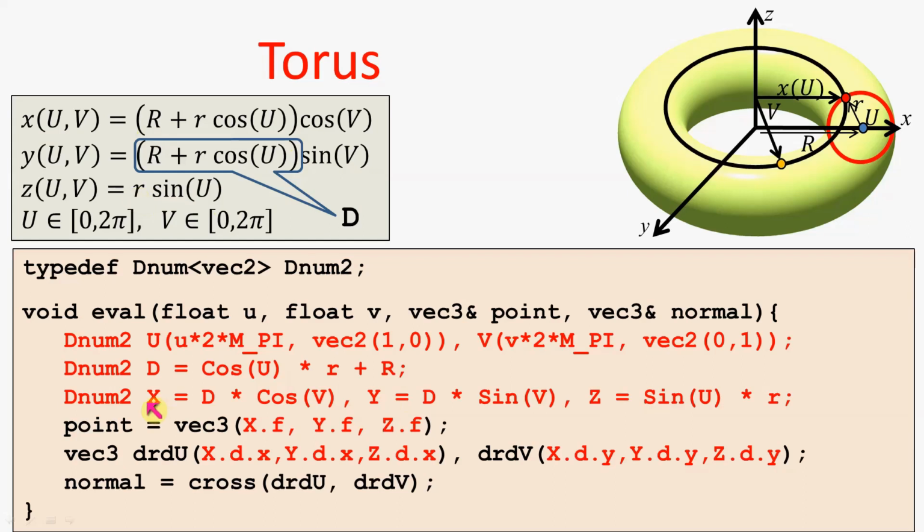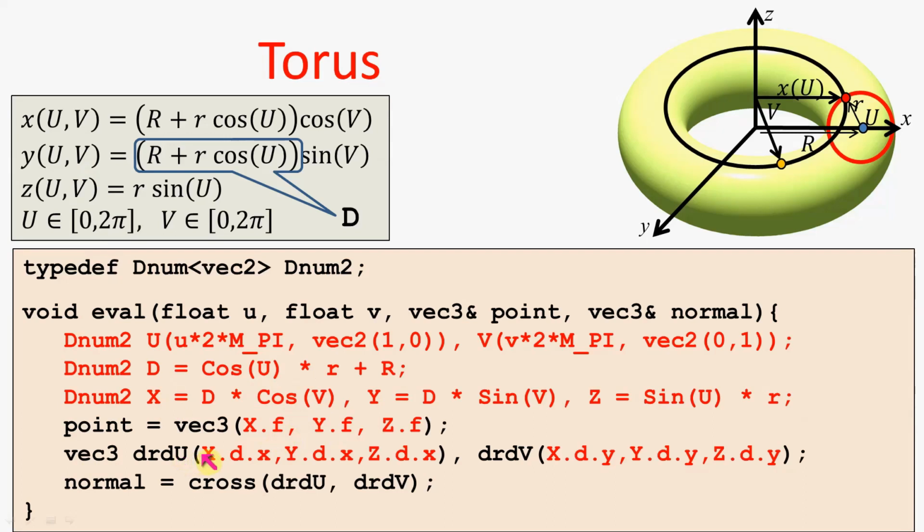Thanks to dual numbers, when these expressions are evaluated, we have not only the values of x, y, z, but also the derivatives with respect to u and with respect to v. From x, y, z, we can fetch the value referring to the f data member of the dual number class.